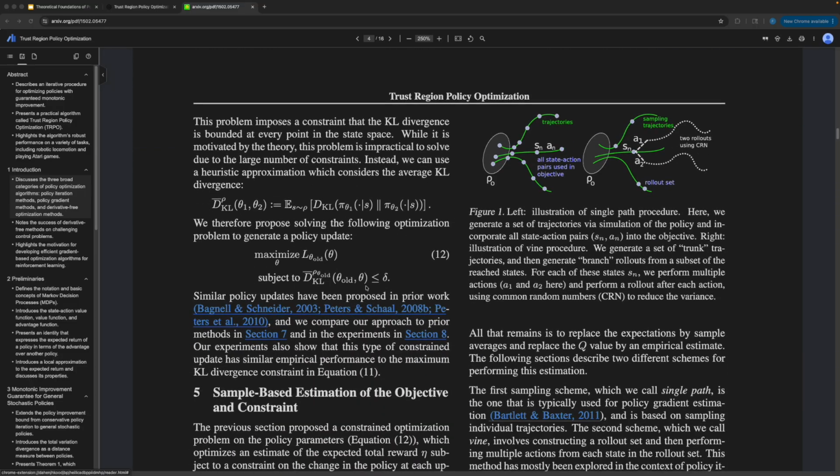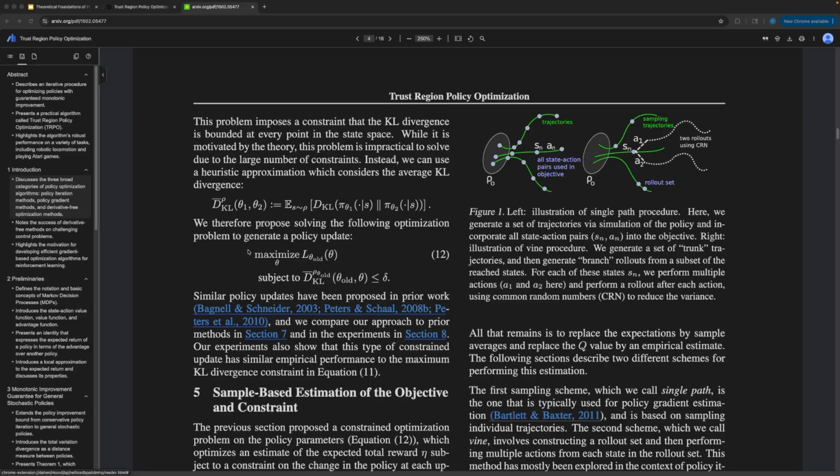So this is replaced by an average KL divergence, where the expectation is done using pi theta old to collect the samples and take the expected KL divergence.